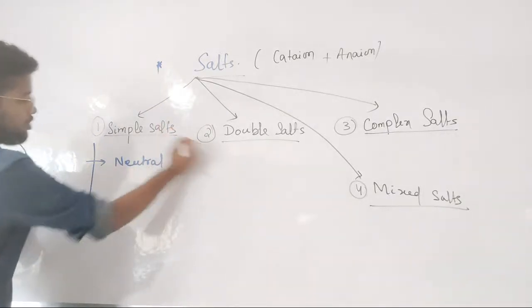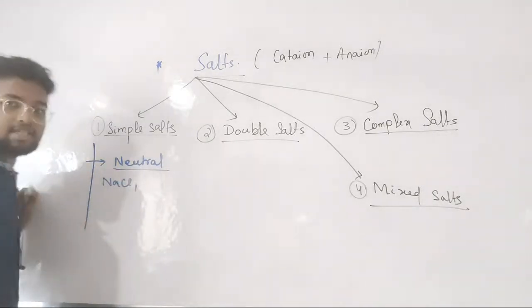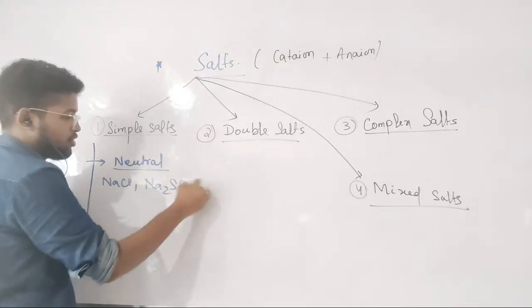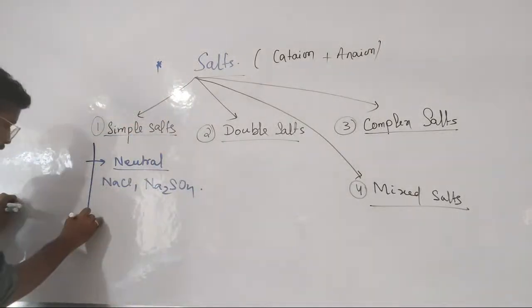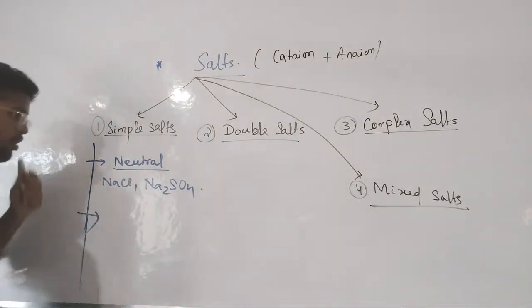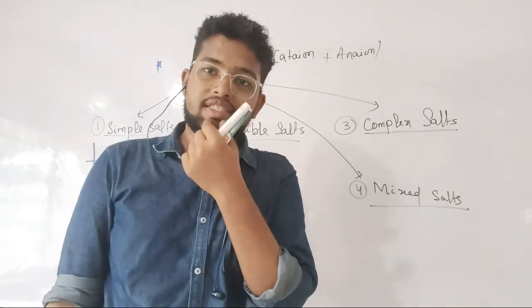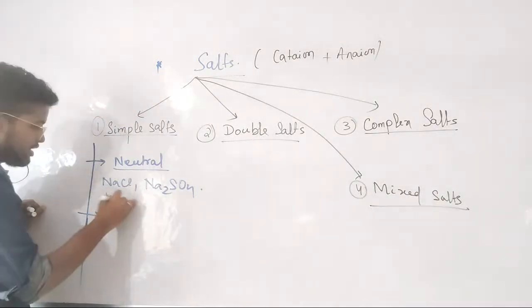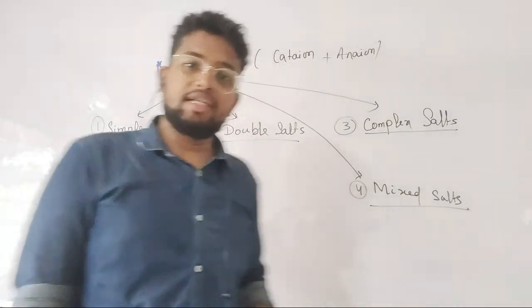Salts made up of strong acid and weak base. Sorry, strong acid and strong base. NaCl. Na2SO4, all sulfates. Then all the alkali and alkaline earth metal sulfates and chlorides. Got it? You know, right?